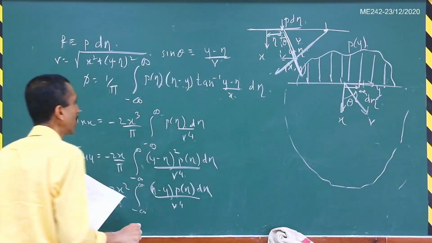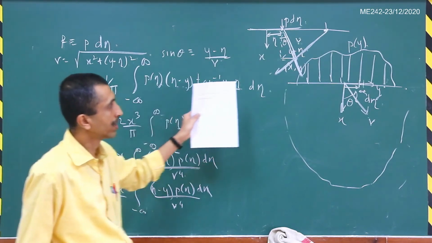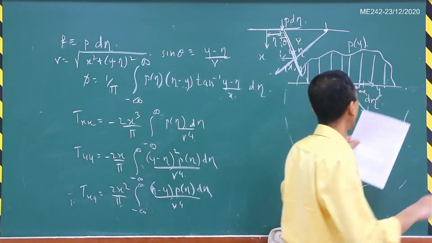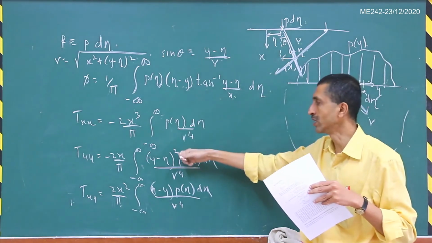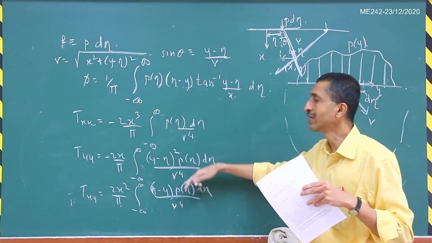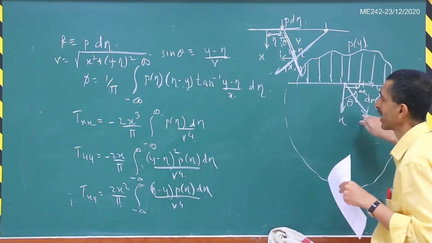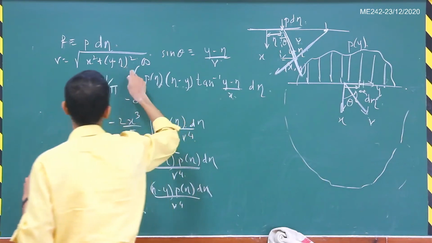Okay. So all you have to do now is simply substitute whatever is the load distribution, this p of eta, into these expressions and carry out these integrations. That's all. And then you will get the stress components at any point x and y, with the value of r given by this particular thing here.